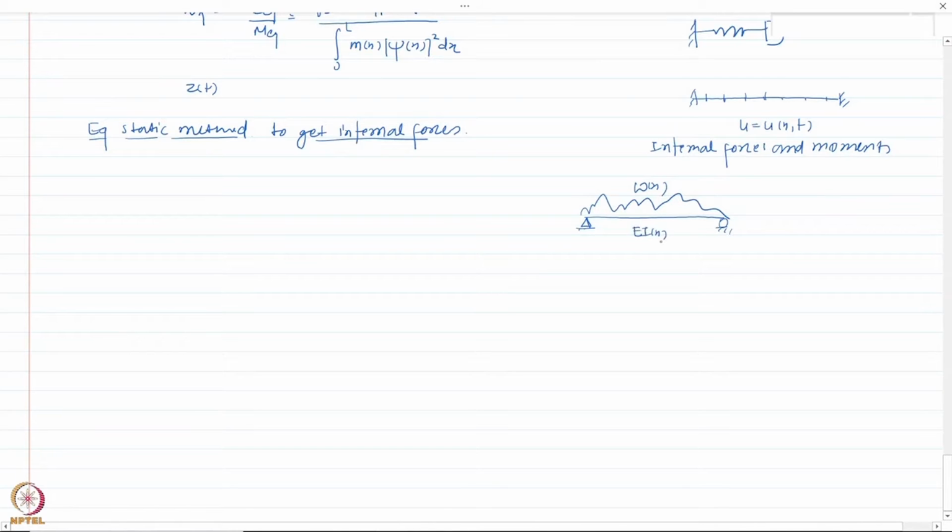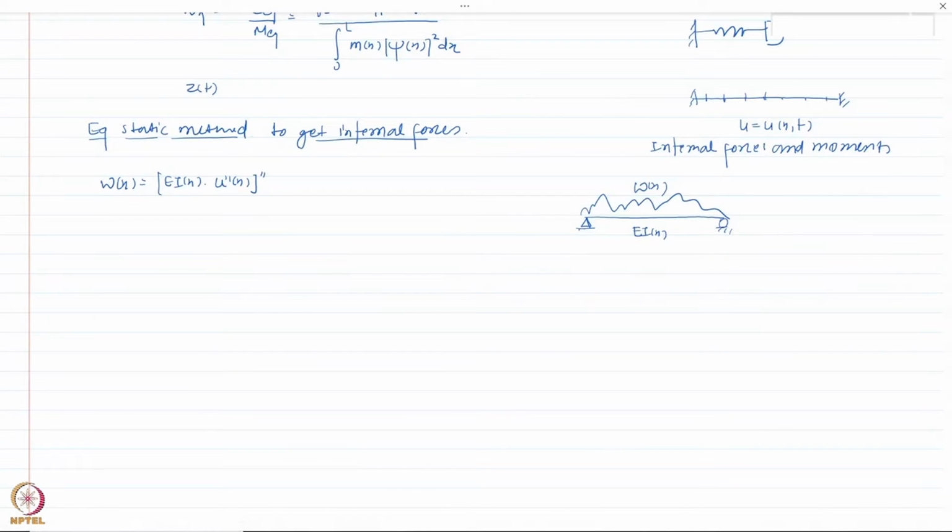EI(x), then I can write my omega x, which is the applied load, equal to EI(x) times u double dash x, with the differentiation of the whole expression. So this is the applied force.